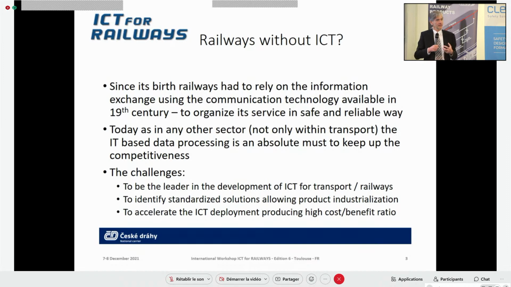We need to deliver cheap, performing, cost-efficient technology, which will be highly standardized, not customized for each and every railway undertaking or infrastructure manager as we have experienced in the past. It's a huge challenge, because we do not have a homogeneous landscape of railways in Europe today.